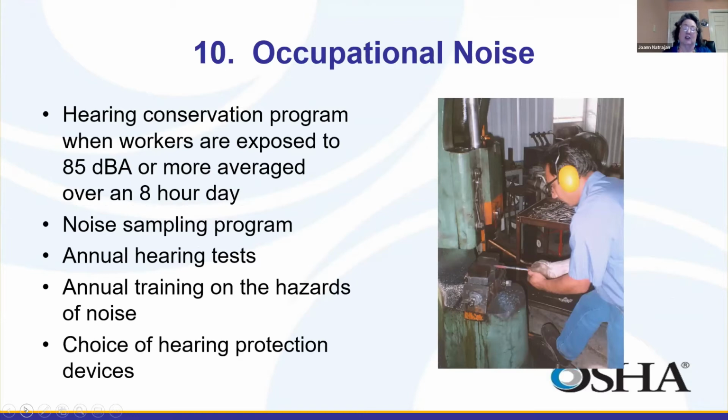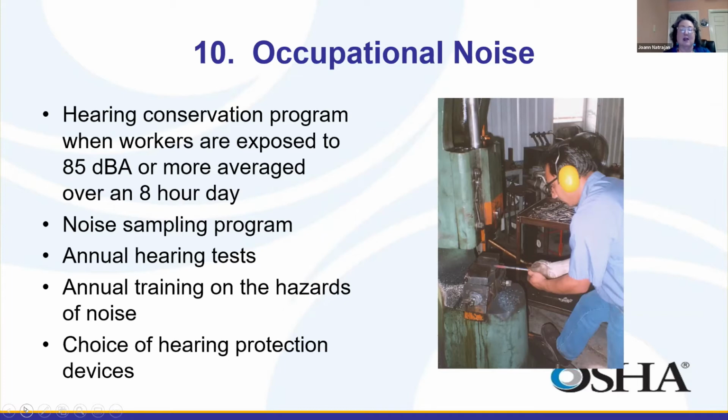The hearing conservation program consists of providing hearing protectors, doing an annual audiogram on workers, meaning they get a hearing test, and then doing training on the hazards of noise. Okay, if you get to an average of 90 or more dBA over the shift, then you have to do those things, but you have to make wearing hearing protection mandatory.